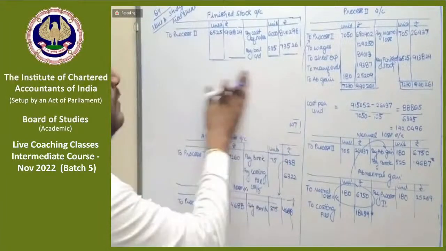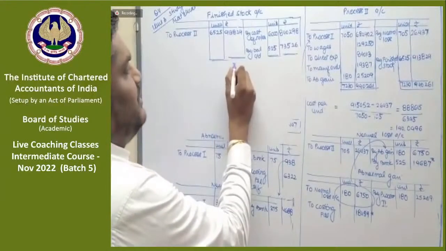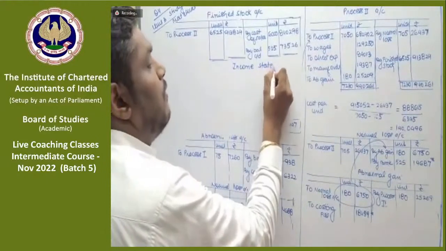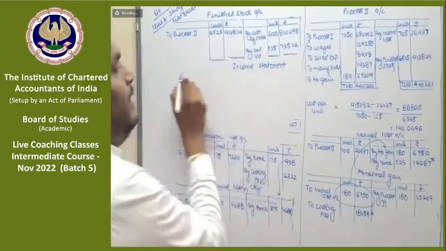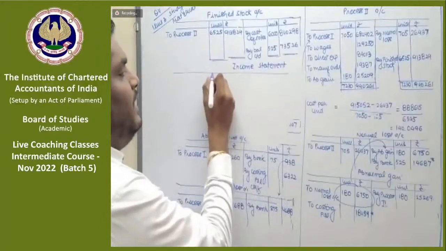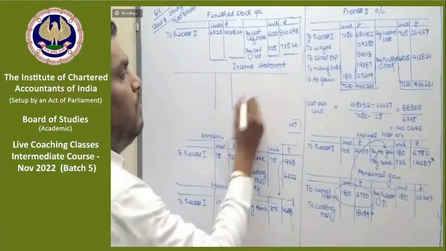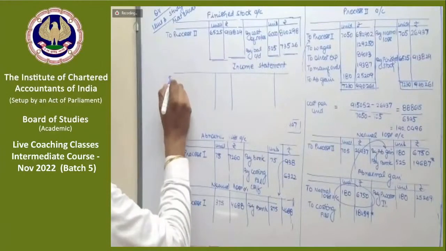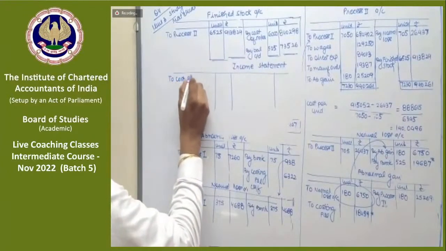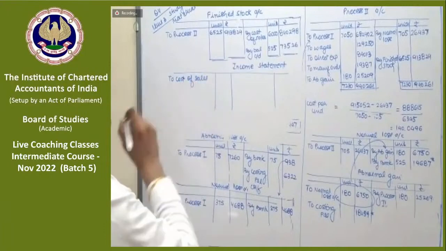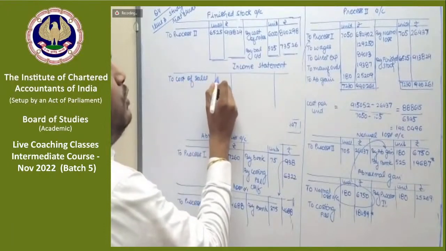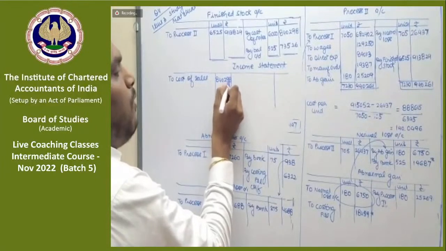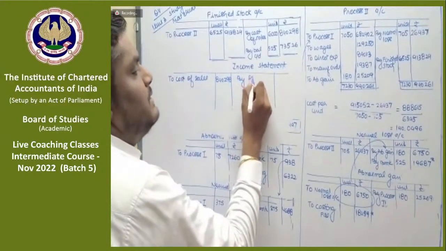So now let's proceed to the last part of the question, that is the income statement. It's nothing but a costing P&L account, wherein we'll first transfer the cost of sales, that is 840,298, by sales.